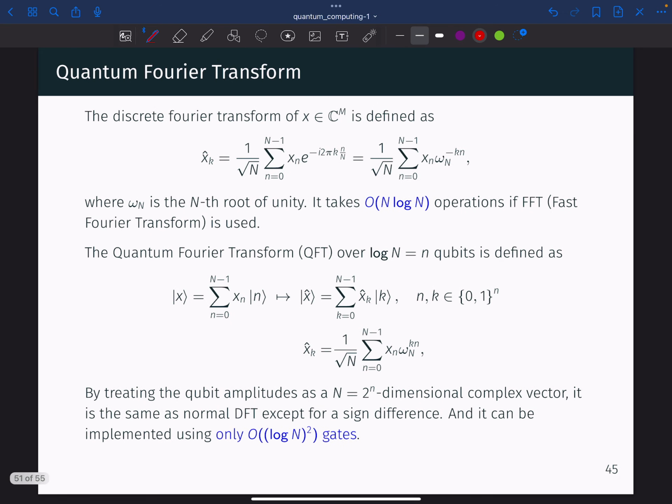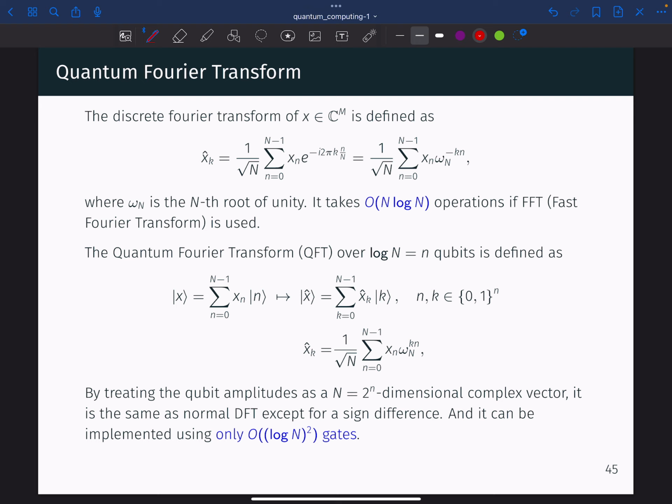Okay, so now let's cover the one last quantum algorithm, which is the quantum Fourier transform. This is the precursor that leads into Shor's algorithm, but due to time constraints, we're not going to cover Shor's algorithm. But with the quantum Fourier transform, you are almost there. Let's first revisit the discrete Fourier transform.